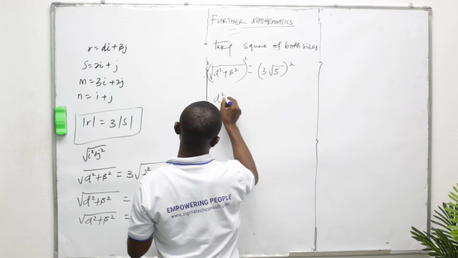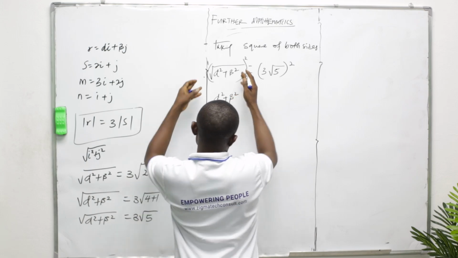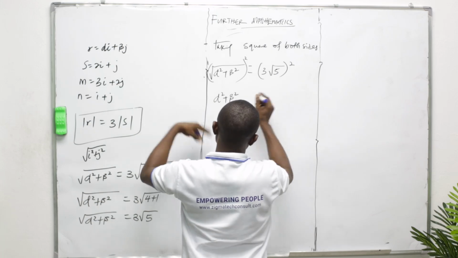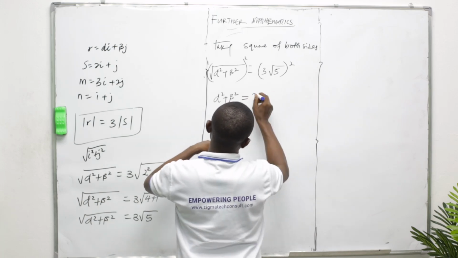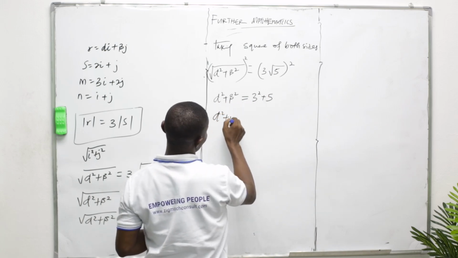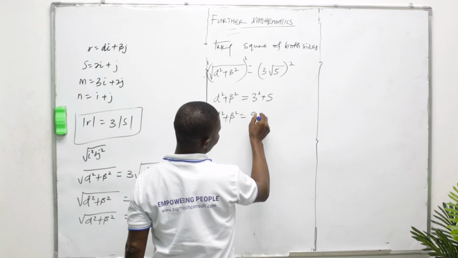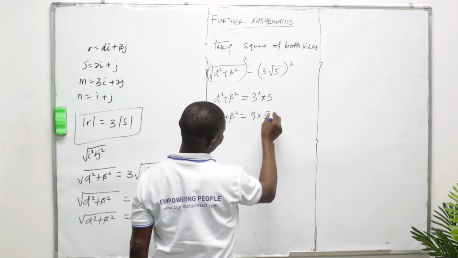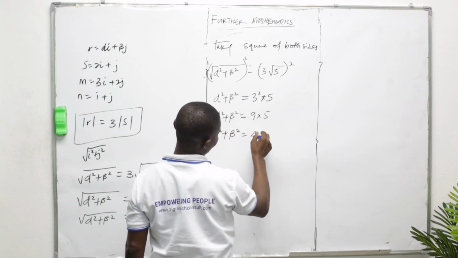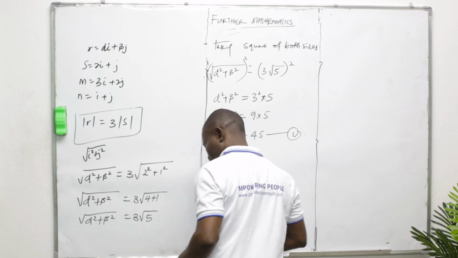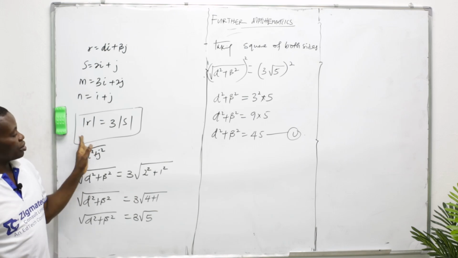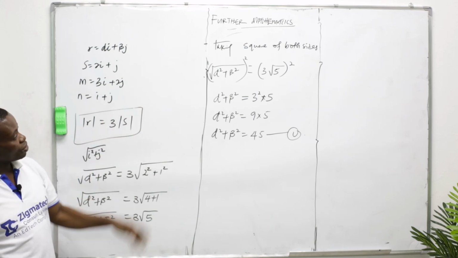Meaning I have alpha squared plus beta squared, because I have removed the root. Now I want to remove the root from this side, meaning 3 squared times 5. That is alpha squared plus beta squared equals 9 times 5, which is 45. Equation 1. You have achieved one part of this question. This is the part 1 solution.